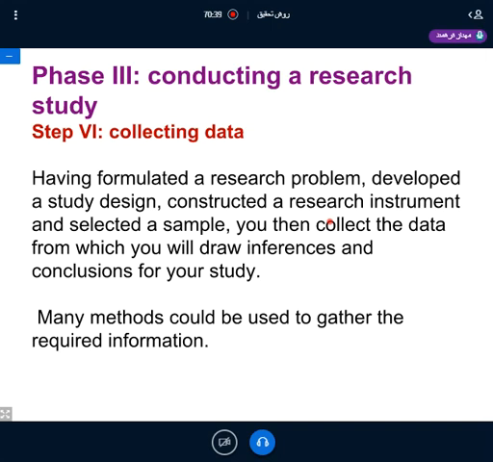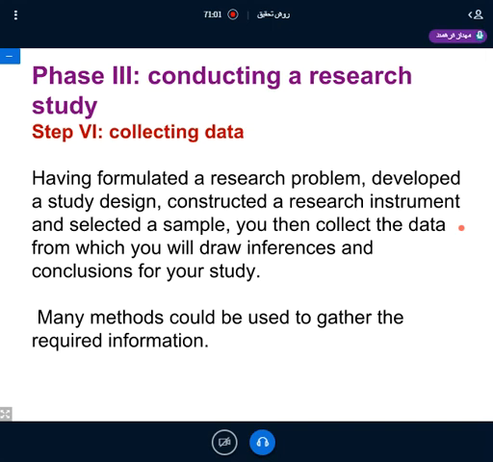Many methods could be used to gather the required information.